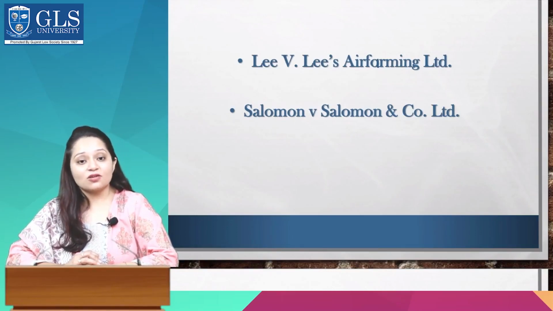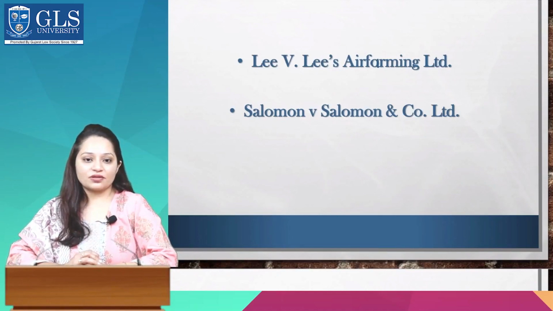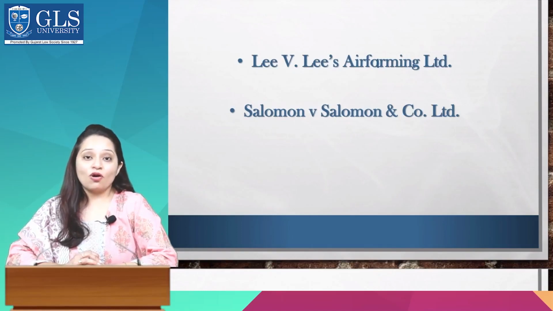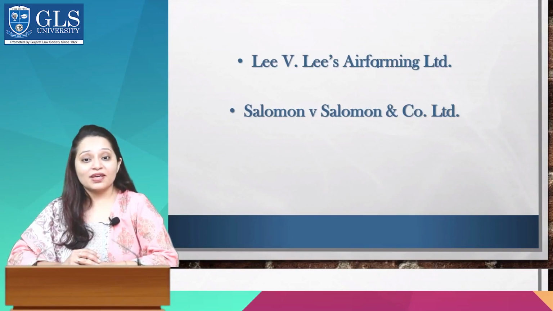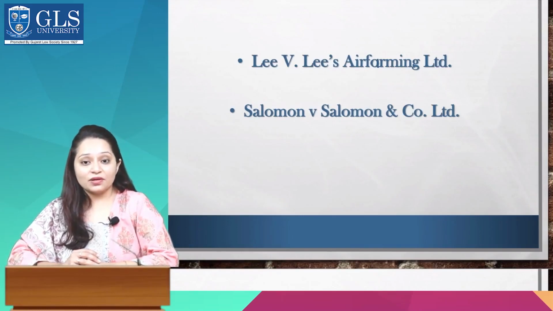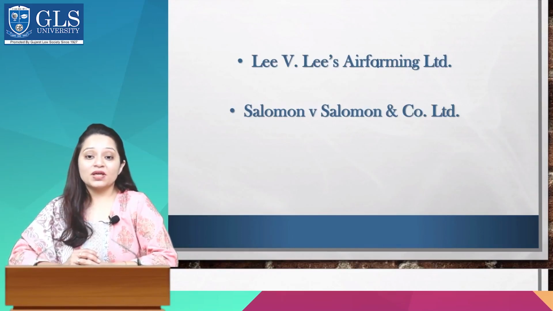In this case, his wife was granted compensation as her husband died in the course of employment. The court held that Mr. Lee was a separate person from the company, and here we can see the rule of separate legal entity enabled Mr. Lee to be the master and servant at the same time.